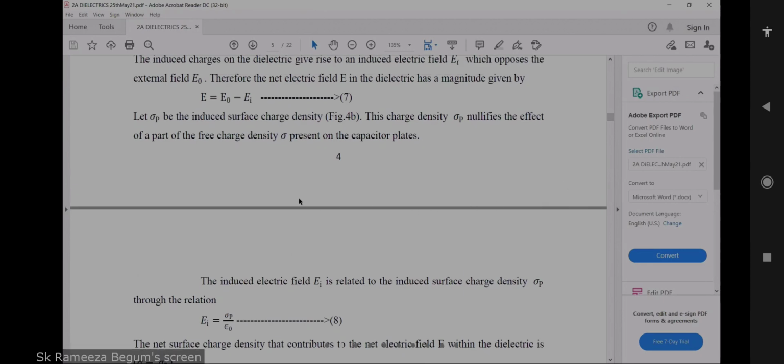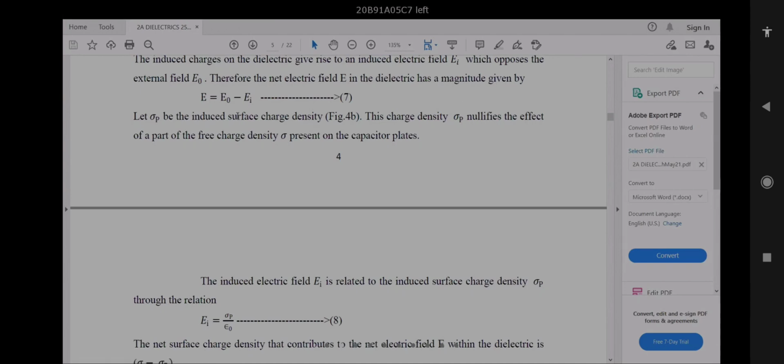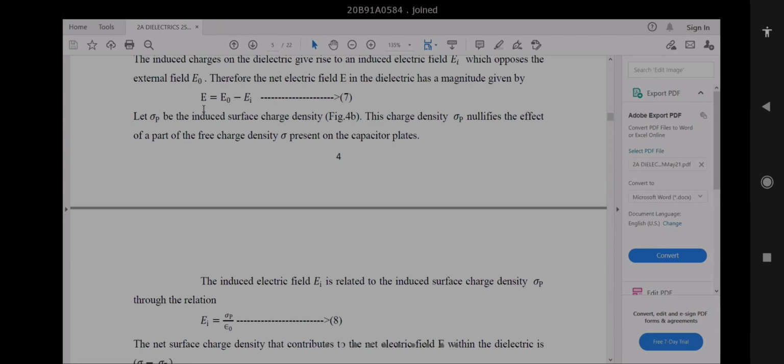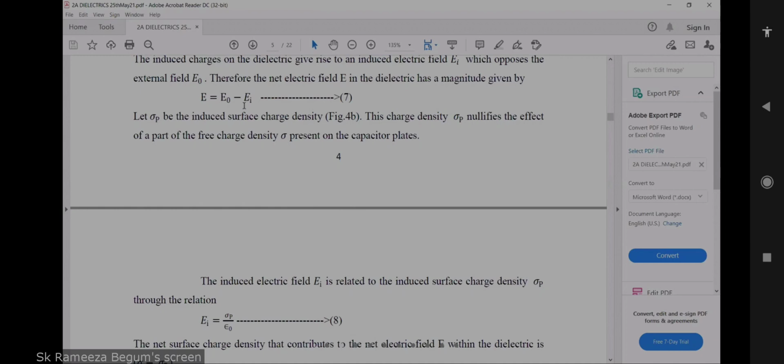the net electric field E in the dielectric has a magnitude and is given by E is equal to E naught minus E_I. E naught is the external electric field, E_I is the induced electric field, both in opposite directions. So E is equal to E naught minus E_I.